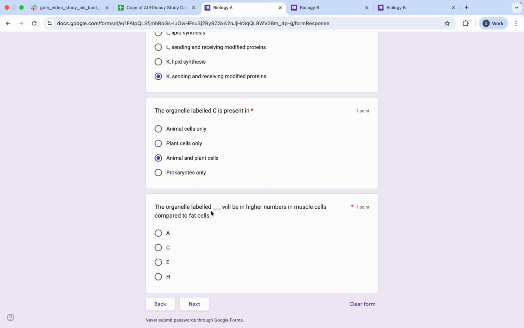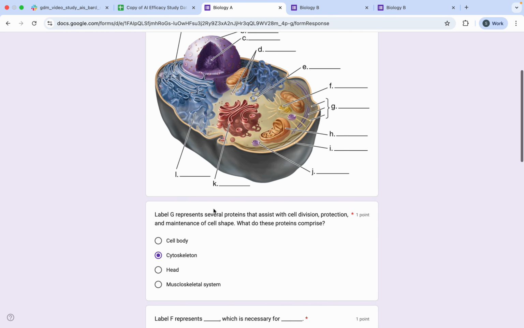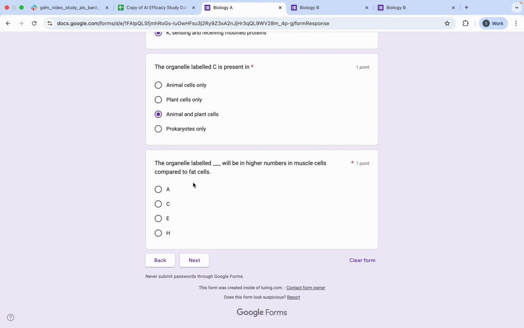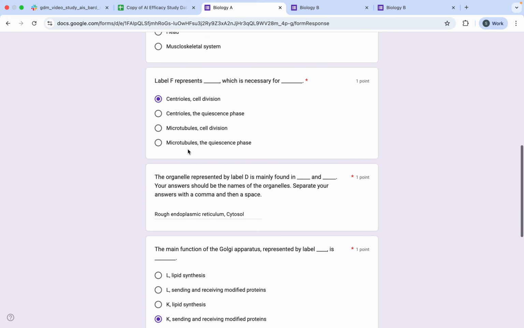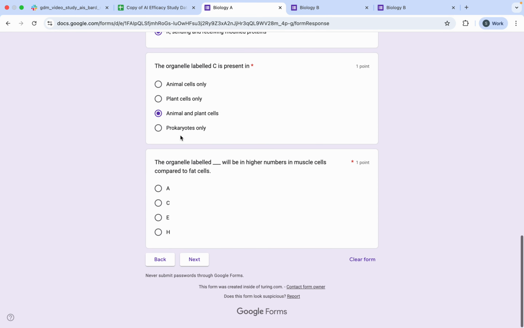The organelle label dash will be in higher number in muscle cell compared to fat cell. I think the options are A, C, E, B. Let's check A. No, A is not the right one.